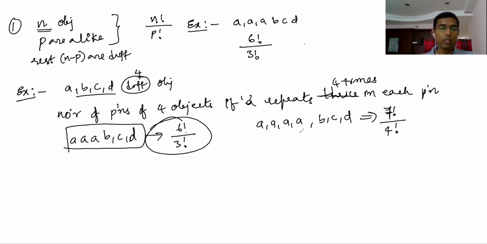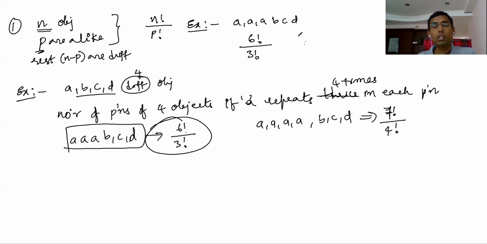So this is constraint repetition, or another way to say it is the number of permutations when n objects are not all different. N objects are given in which p are alike, the remaining are different. First we discussed the number of permutations of n different objects. Now we are discussing n objects in which some are alike, some are different.